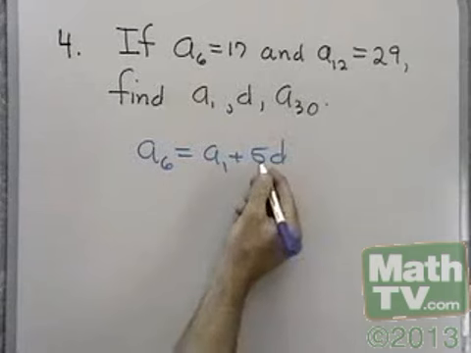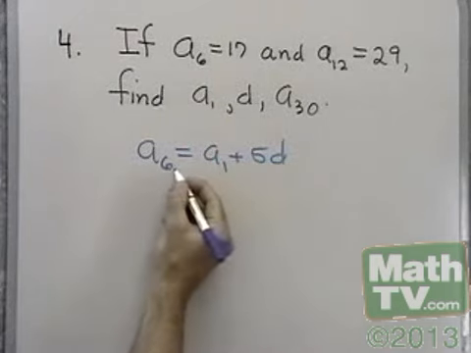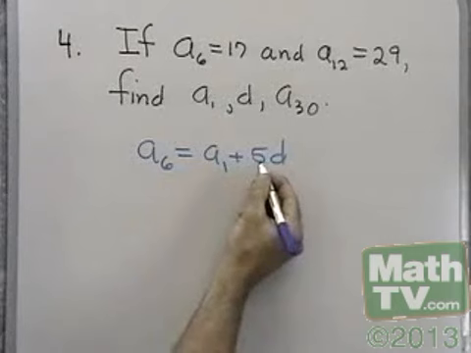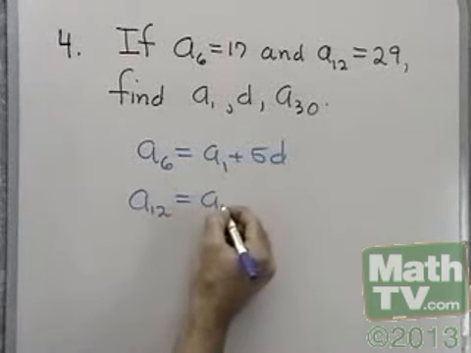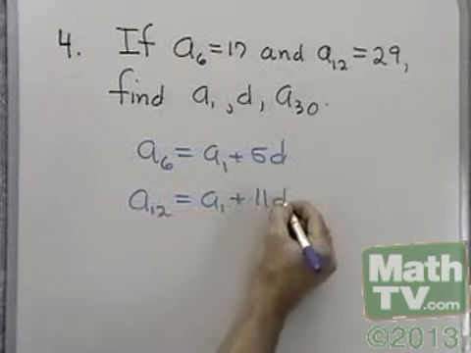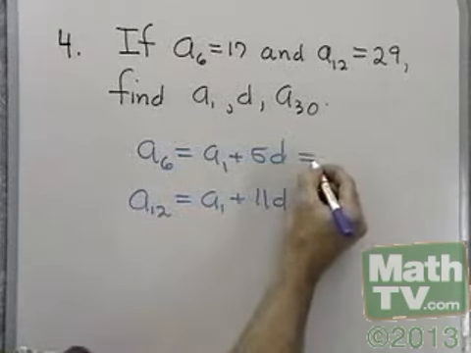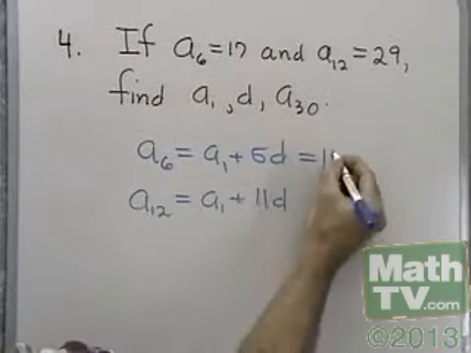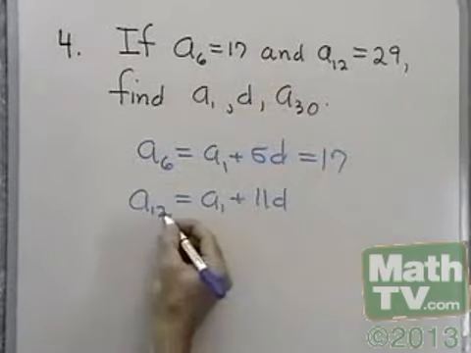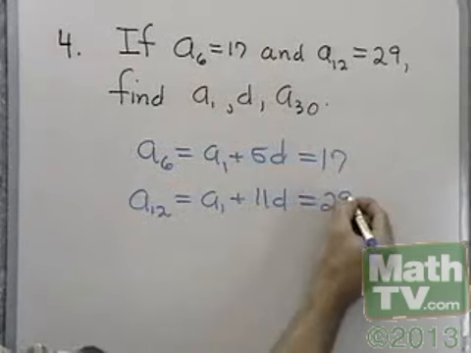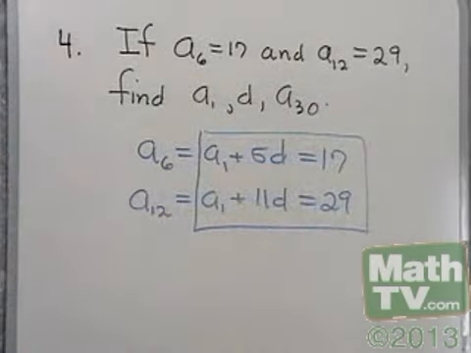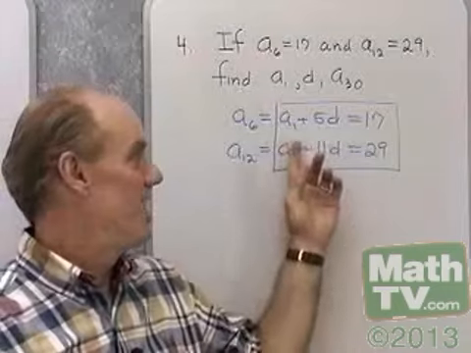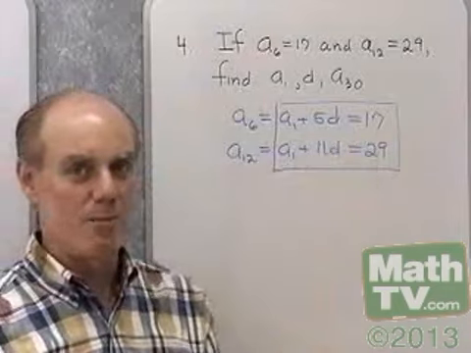So 5 times d, this is the n minus 1. If n is equal to 6, n minus 1 is equal to 5. And then a sub 12 is equal to a1 plus 11 times d. Now I know that a sub 6 itself is equal to 17, and a sub 12 is equal to 29. So what I have here is a system of linear equations in two variables, a1 and d, which I can solve using any method I want.